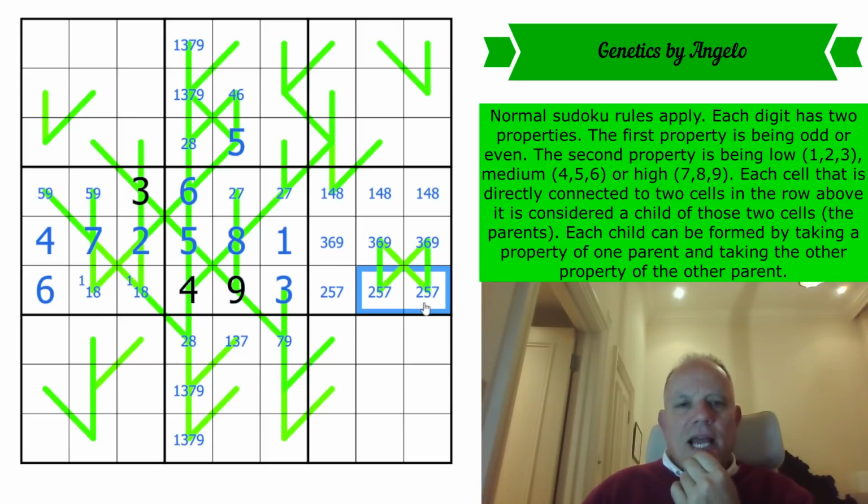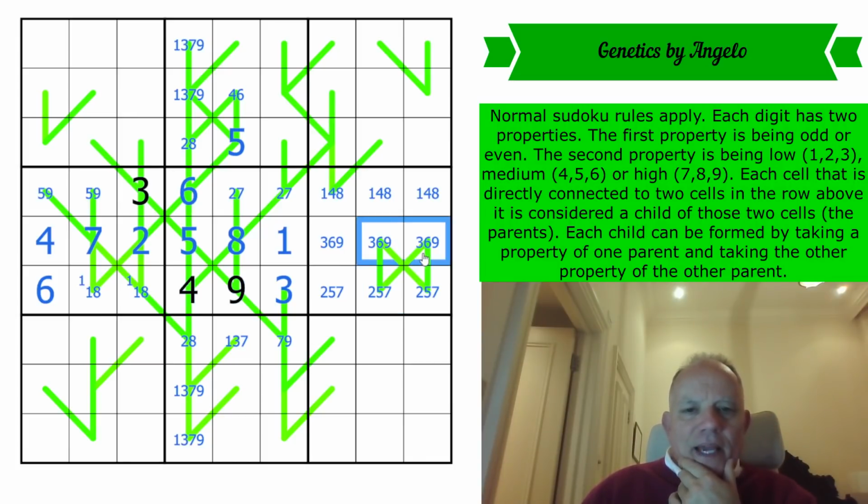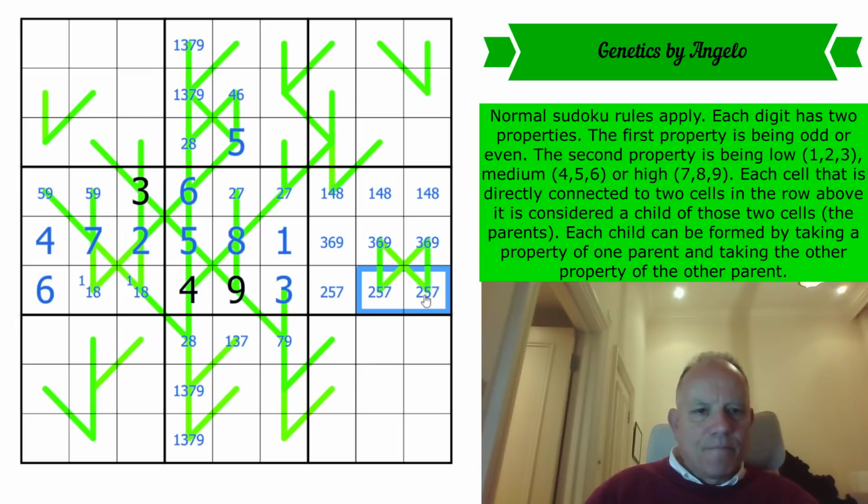I don't think there's any way of knowing. It could be any mix of 2 there would give a different mix of 2 there, I think, because there's 1 medium, 1 high, 1 low, 2 odd, 1 even, and exactly the same there. If I've understood this right, I can't do anything with that bow tie at the moment.